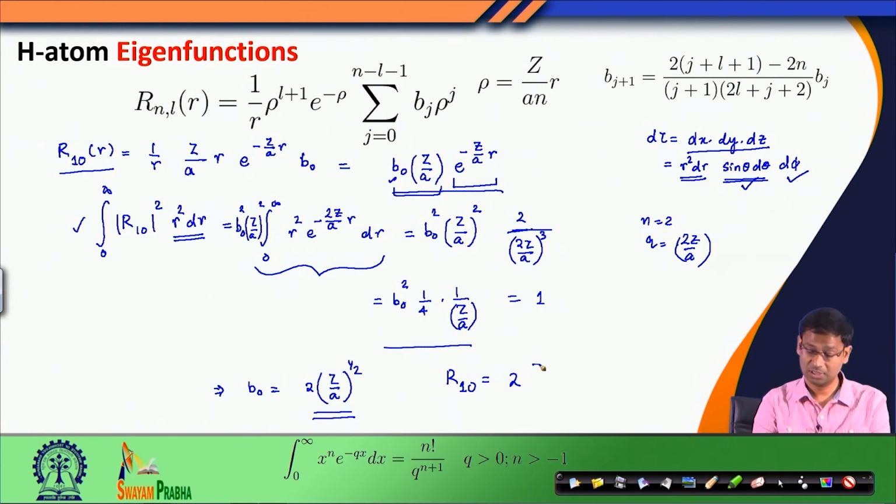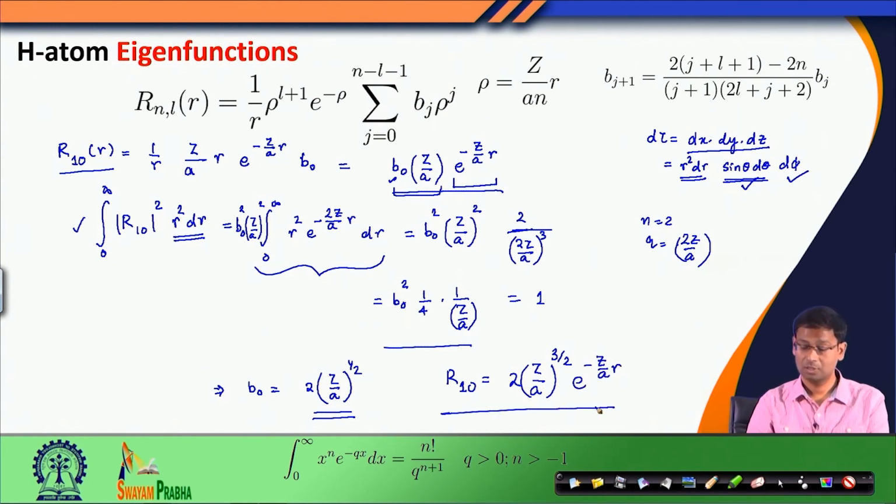So, the function is z over a to the power 3 by 2 times an exponentially decaying function. You see here I have a constant, because z is nuclear charge, a is Bohr's radius, and 2 is a constant. So, this is a constant multiplied by an exponentially decaying function. If I plot this function, r goes from 0 to infinity, and you will see this is simply an exponentially decaying function.